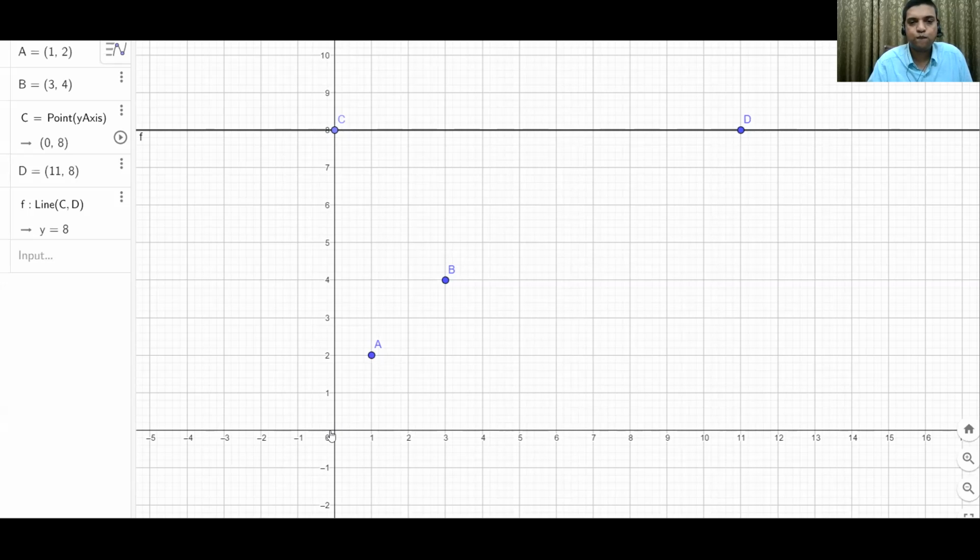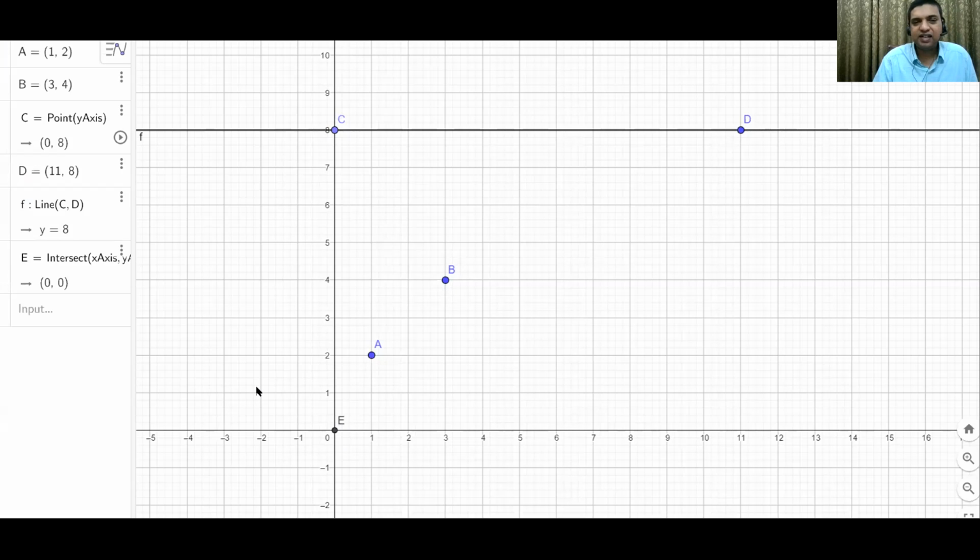Now, the source of light is the origin. It is marked as S. Here in this software, it is automatically generating it as E. Doesn't matter. Now, this is the point 1 comma 2, and this is 3 comma 4.